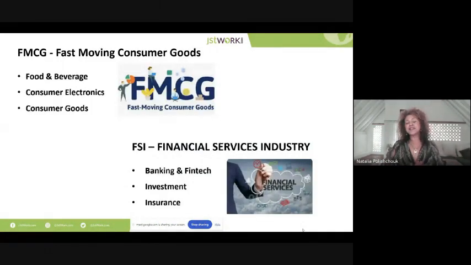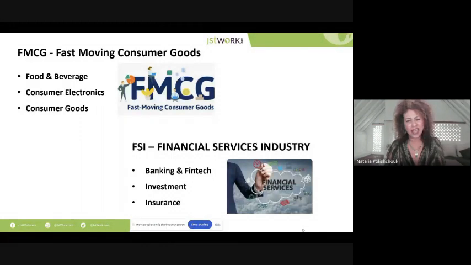Another thing that we do in industries is sometimes kind of bulk them. So for example, if we say FMCG, fast moving consumer goods, truth be told, there is no industry called FMCG. There are subcategories within those industries that are food and beverage, consumer electronics, consumer goods.